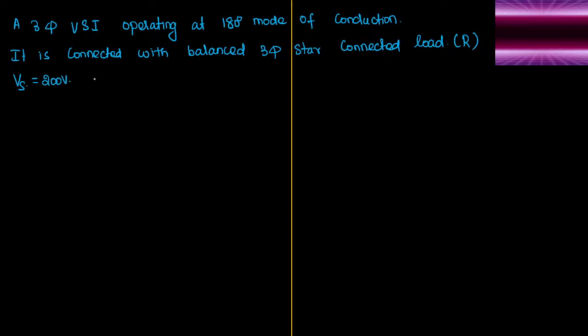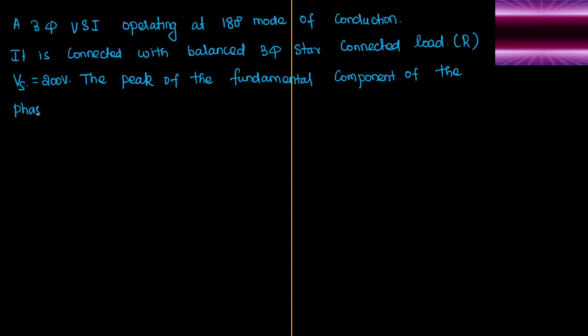Now the question is, the peak of the fundamental component of the phase voltage is dash. So you can drop your answer. Three-phase questions will be direct questions. If you remember the formulas, you can drop your answer. Take your time. Try to bring the answer.